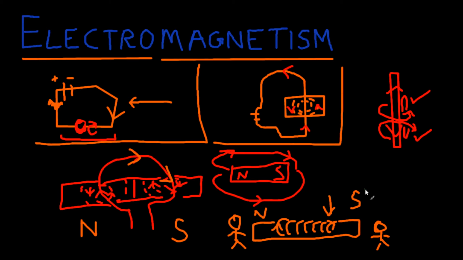As long as you have current in this wire, the magnetic field around it will stay, and this whole system is called an electromagnet. You can easily increase the current, so you can increase the magnetic field, and you can increase the number of turns, so you can manipulate it and make it really strong. That's the main difference. You can even reverse the polarity by just reversing the electrical current. So that's all that is in the first section.